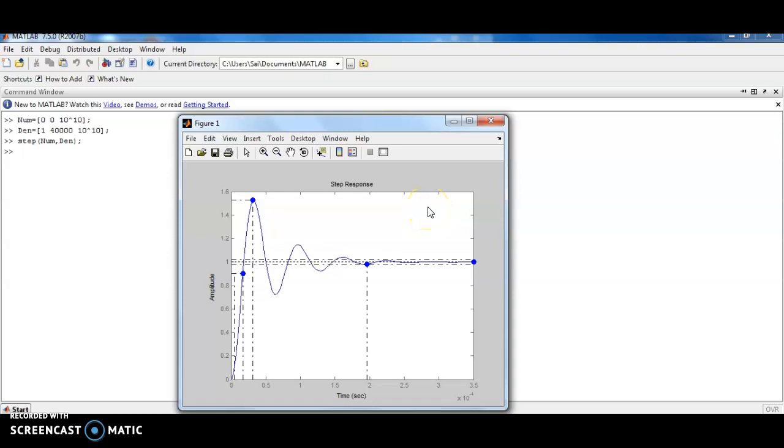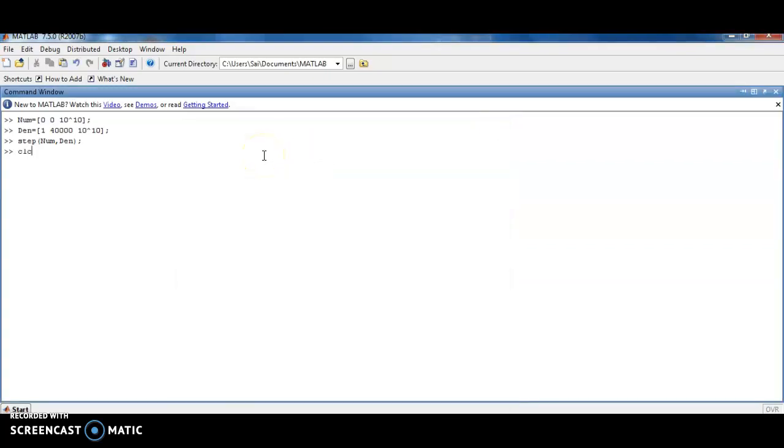So next we are going to move towards the critically damped case. CLC for clear. Then here I am going to take the transfer function as 10 raised to 10 divided by s square plus 2 lakh s plus 10 raised to 10. So numerator 10 raised to 10, s square and s are not present.